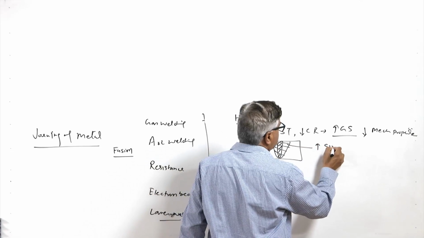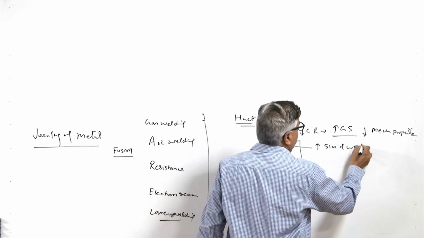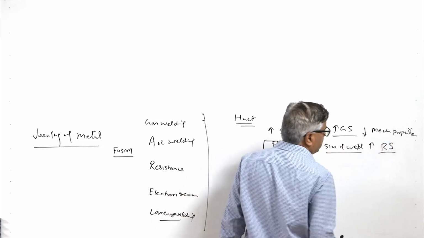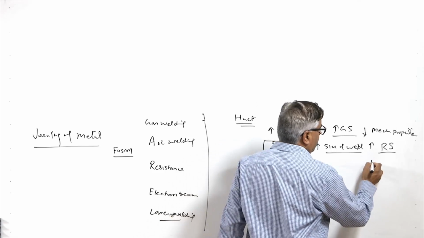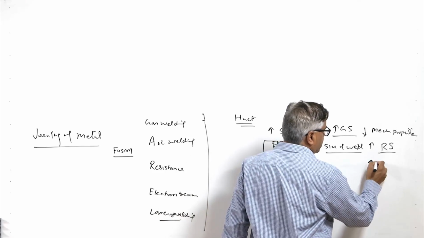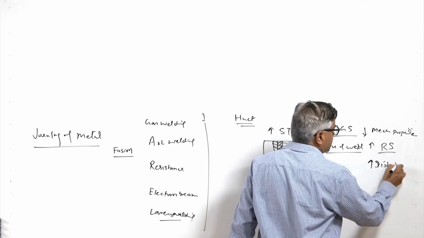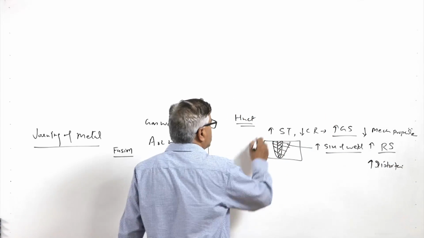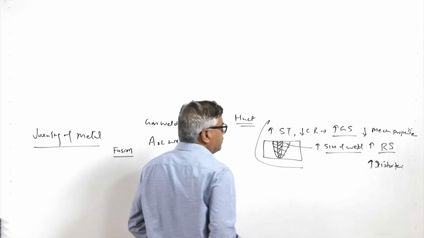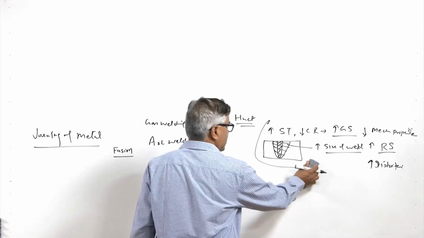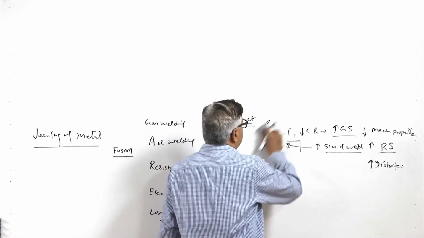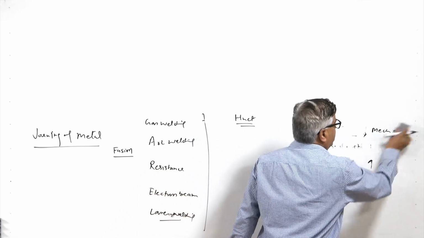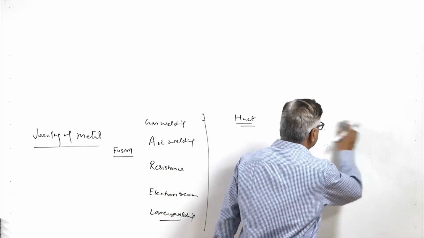Increasing the size of the weld increases the residual stresses developed around the weld pool, which also increases the distortion tendency in the weld. So, in order to deal with these issues, it is always preferred that the heat input supplied during the welding is as little as possible, while the metallic continuity and metallurgical continuity is realized during the welding.